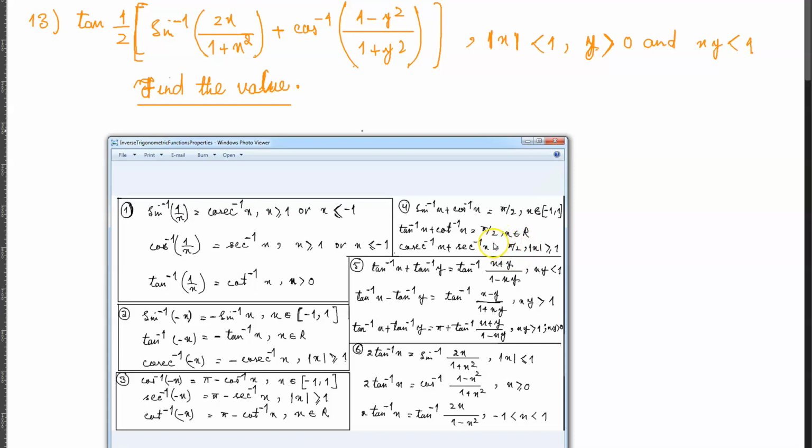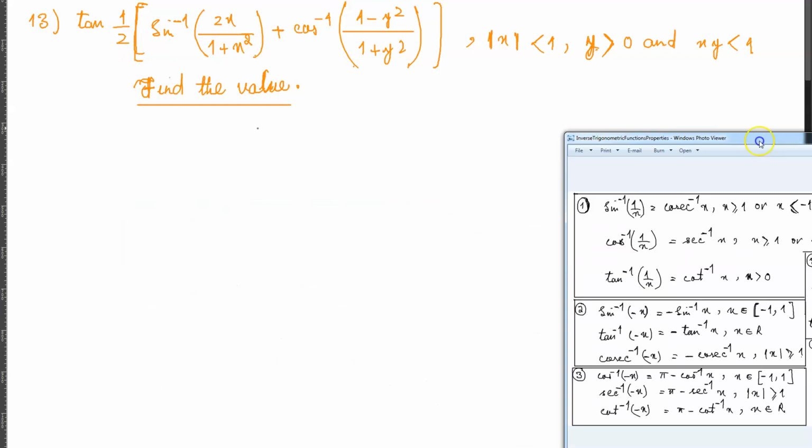Now, we said that basically the tan inverse of x plus the tan inverse of y is equal to this thing here, and that 2 times tan inverse of x is equal to sine inverse of 2x over 1 plus x squared, and that cos inverse of 1 minus x squared over 1 plus x squared is equal to 2 times tan inverse of x. So I can use these two results in order to write this thing here, right?